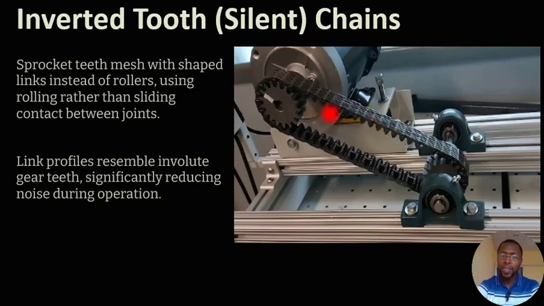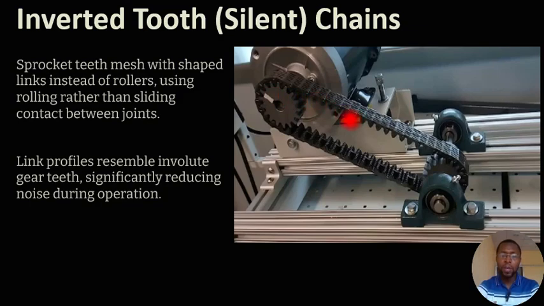With these teeth, it is able to mate with the sprocket, and when it mates with the sprocket, it will be firmer on the sprocket, and the transmission will be higher than when there are no teeth.